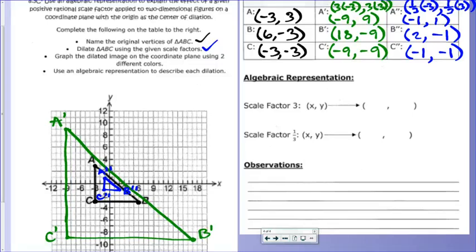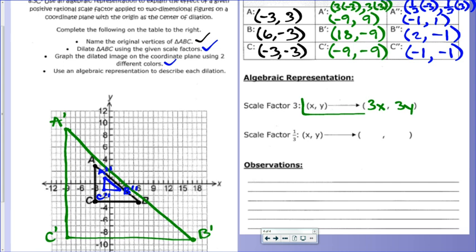Okay, let's look down here, it says use an algebraic representation to describe each dilation. So when you had a scale factor of 3, just like yesterday, we were deciding what happens from our first image, which is x, y, to the new image after it was dilated with a scale factor of 3. And we use the ordered pair 3x, 3y.